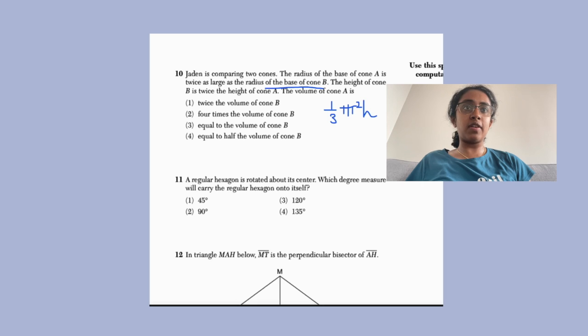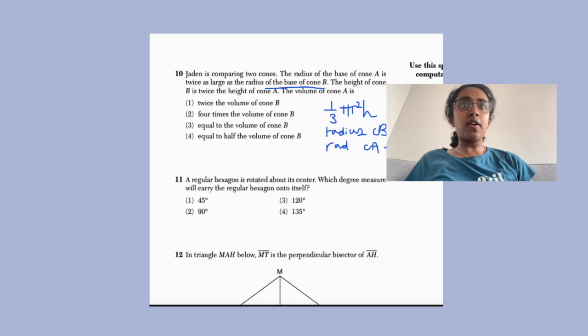So the radius of cone A is 1, and then the radius of cone B, wait, no. It says the radius of the base of cone A is twice as large as the radius of cone B. So let's say the radius of cone B is 1, and then the radius of cone A is 2.